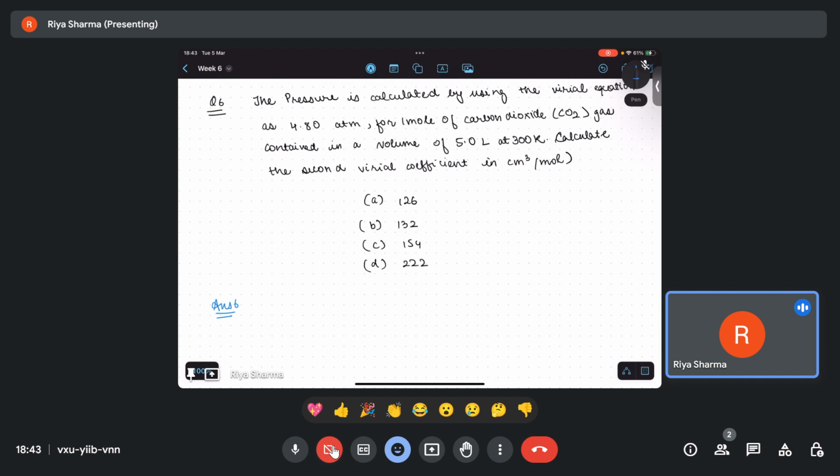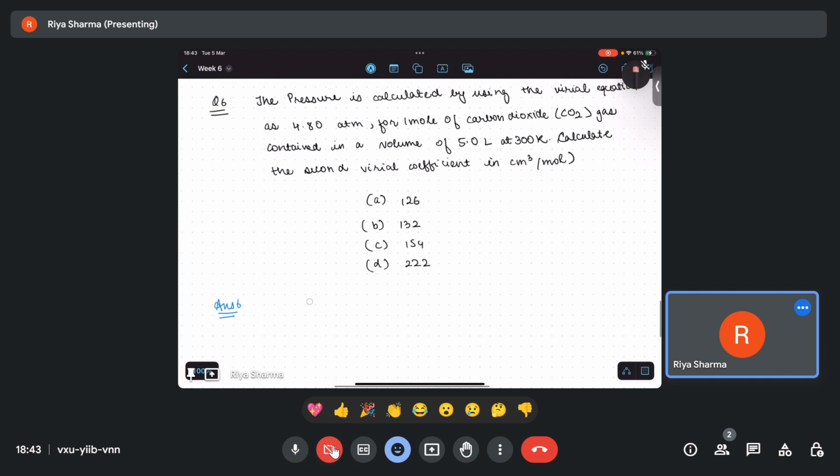So first of all, let me write what has been given to us. P equals 4.8 atm. We also know that Vm, 5 liter in 1 mole, is equal to 5.